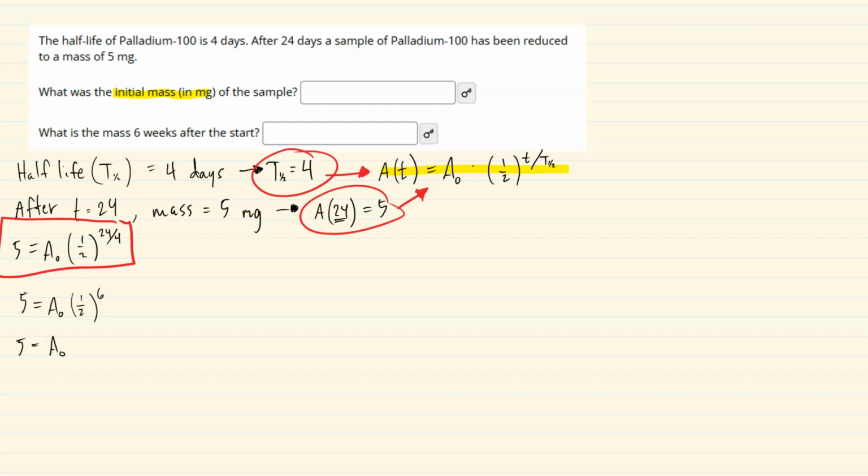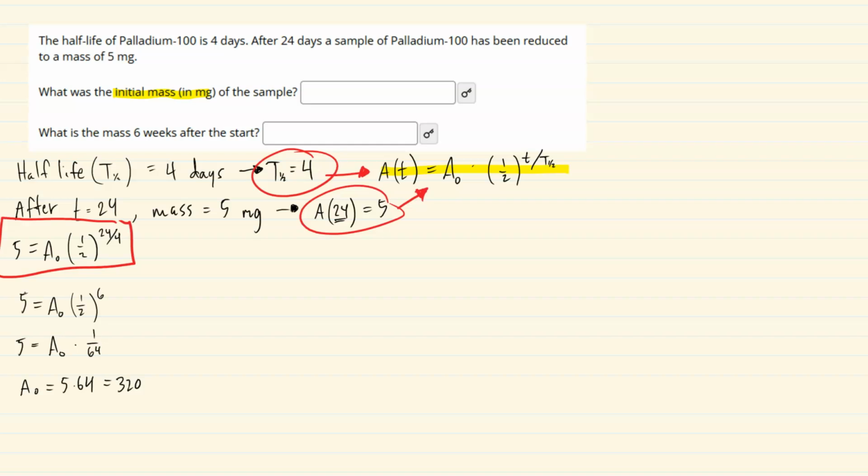So times 1 over 64. And then A sub 0 is 5 times 64, which equals 320. You can plug that into a calculator if you'd like, but that's it.